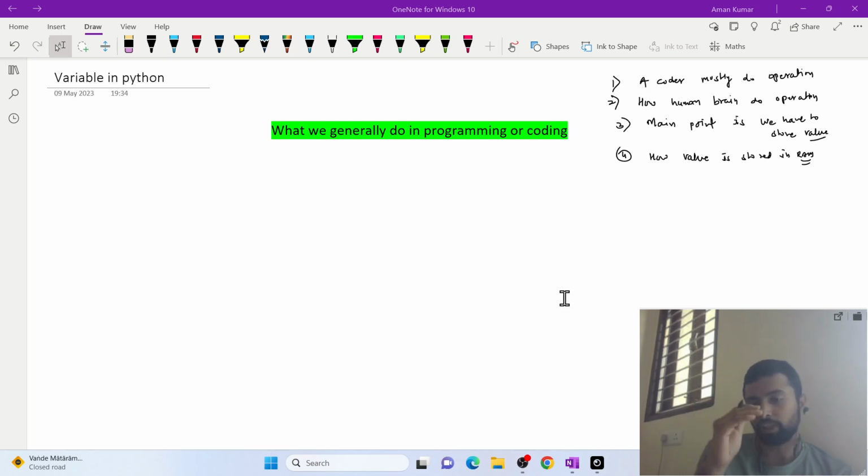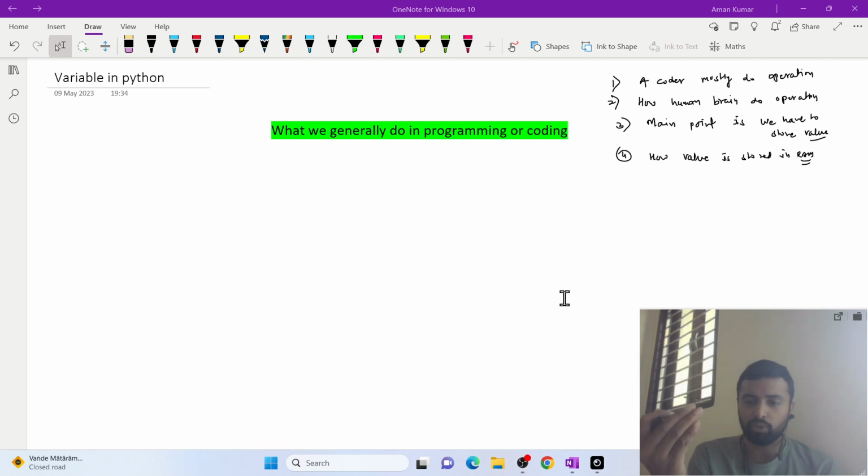So without wasting time, let's directly jump to understand what a variable is. First, let's talk about what a coder or any programmer, who writes code or develops software, actually does.